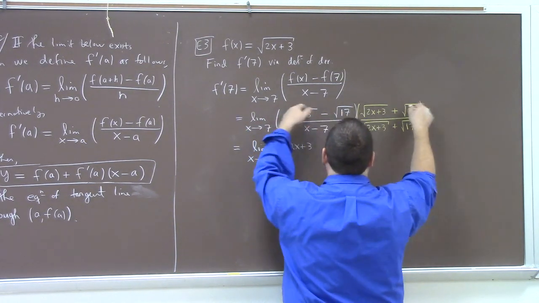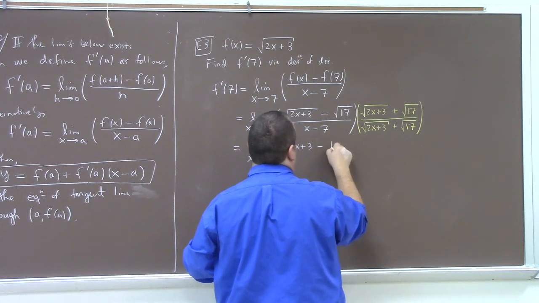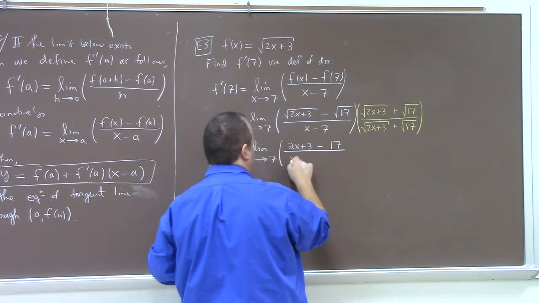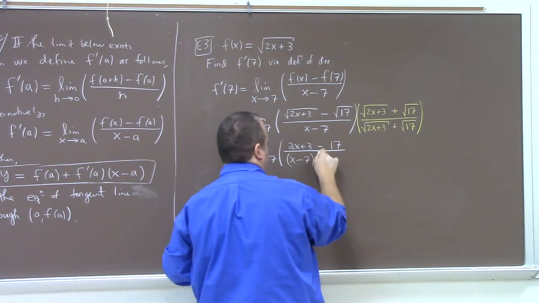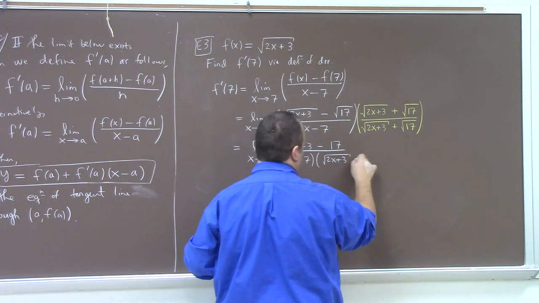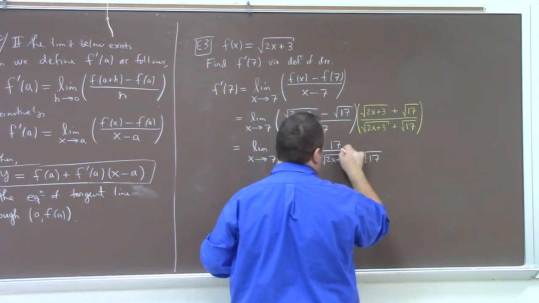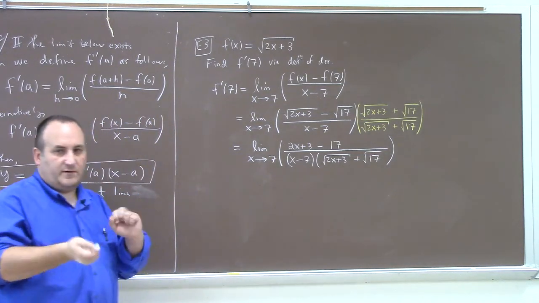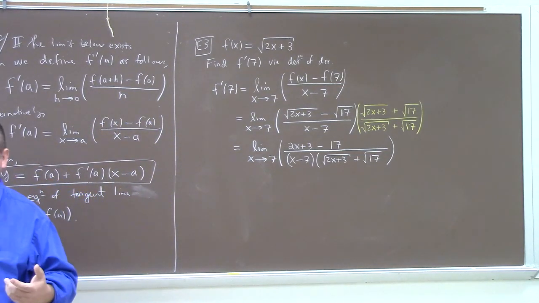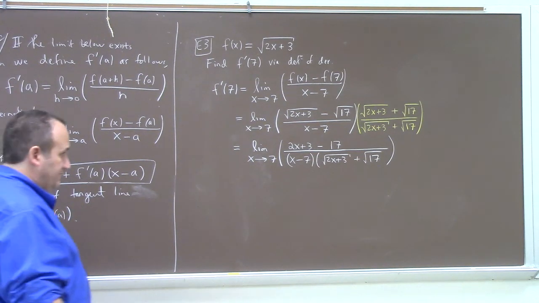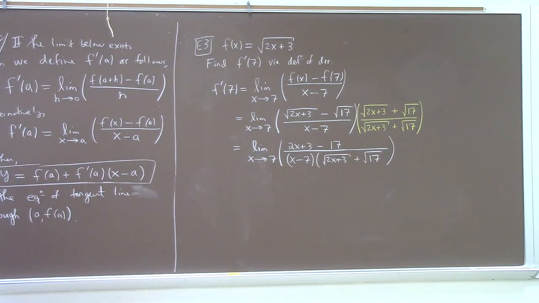So those go away, and then you get minus 17. So the square root of 2x plus 3 squared gives me 2x plus 3. The square root of 17 squared gives me 17. That's why I have those, right?